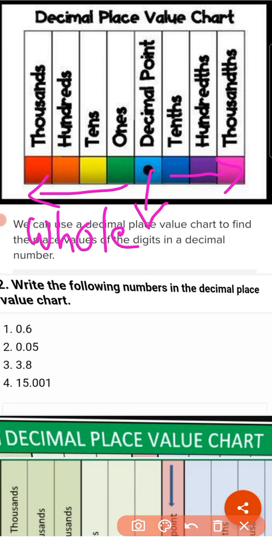If we move to the right side of the decimal point, the first place is tenths. Write 10 then THS. The second place is hundredths. Write 100 then THS. The third place is thousandths. Write thousand then THS. These are the places in the decimal part. Clear?